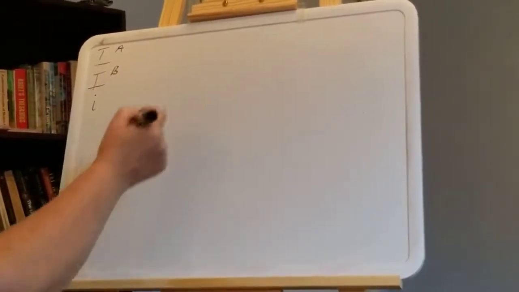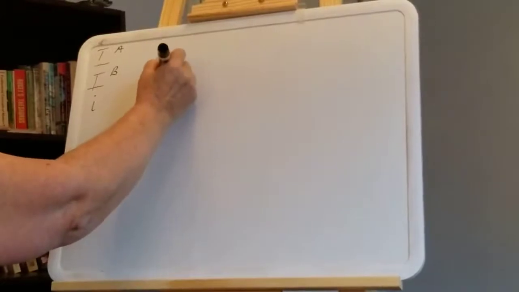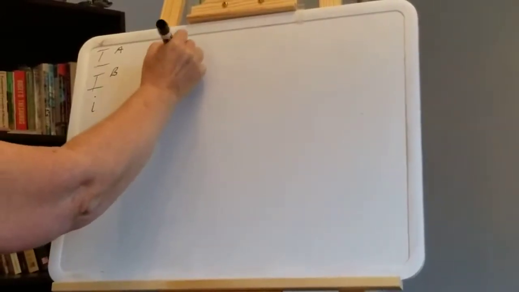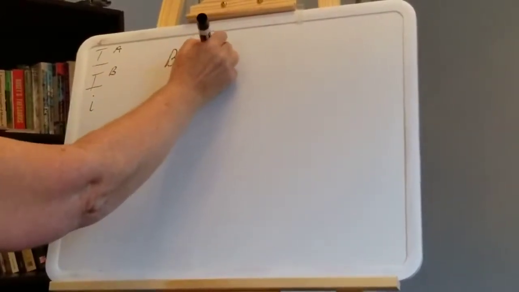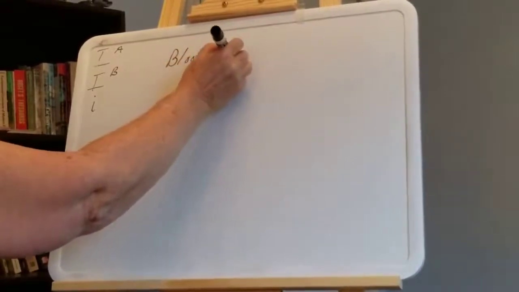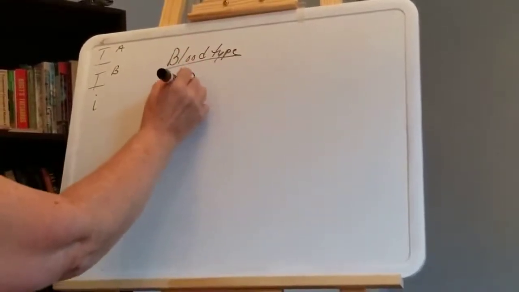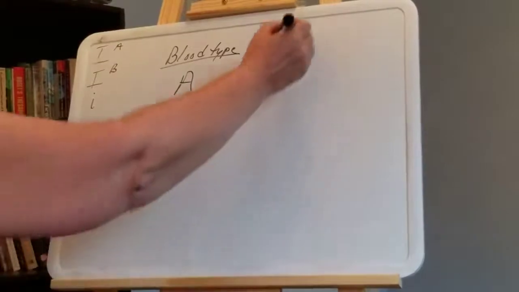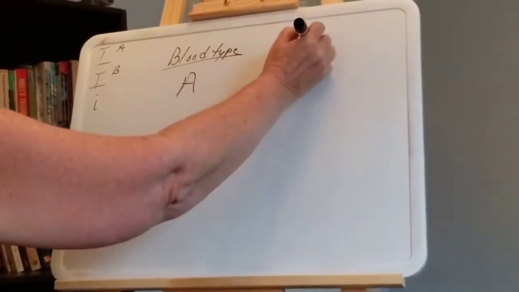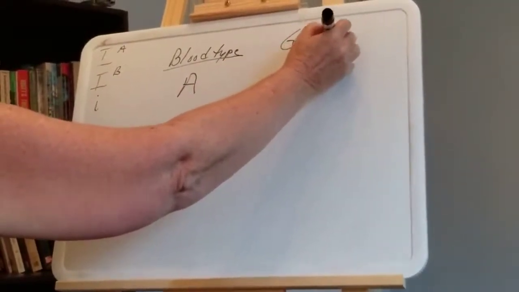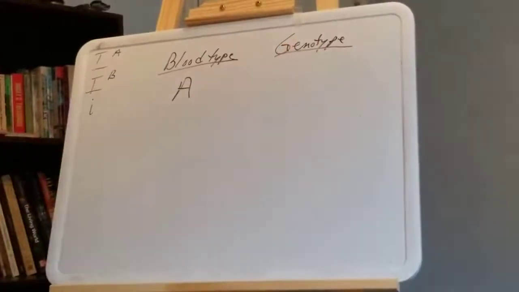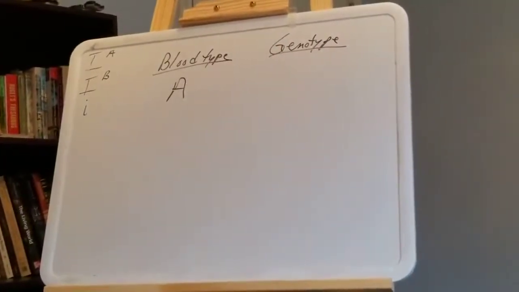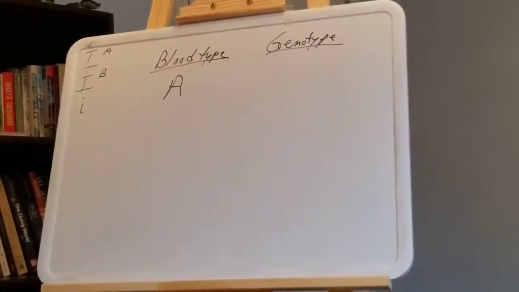So, if a person is type A blood, what is their genotype? Remember the letters. They could be homozygous dominant.